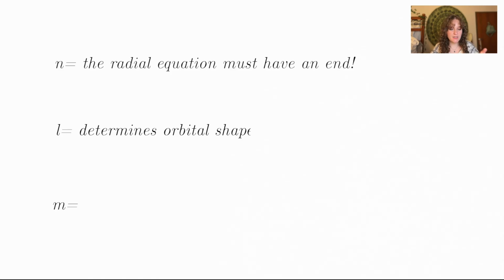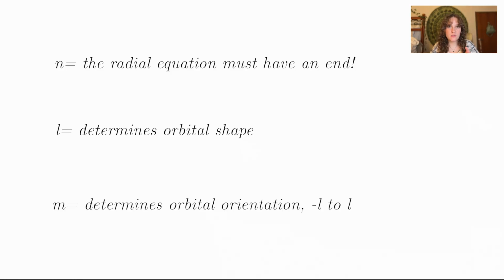And it's capped at n-1 because of how n is defined. If L equaled n, there'd be no polynomial left. Big N would be 0, meaning the series never even starts. M came from the periodicity of phi. It labels the orientation in space. And recall that the absolute value of m has to be less than or equal to L.